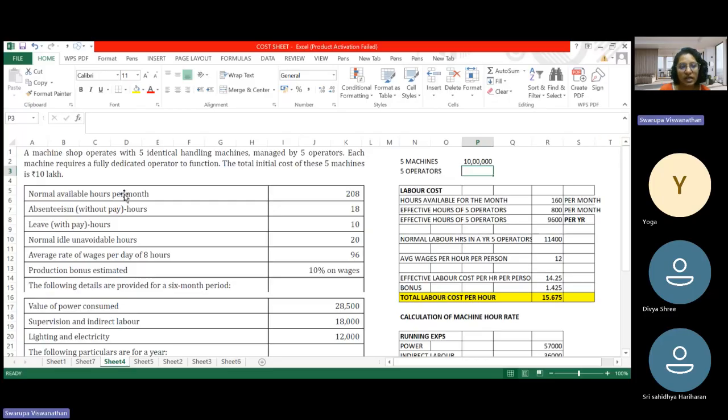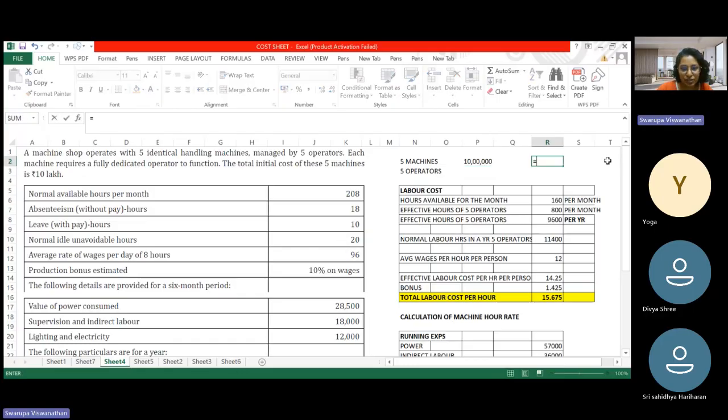Total available hours for the month is 208. Absence without pay 18. With pay 10. Normal idle hours 20. So what is the net time, that is effective time, that is available during a month?